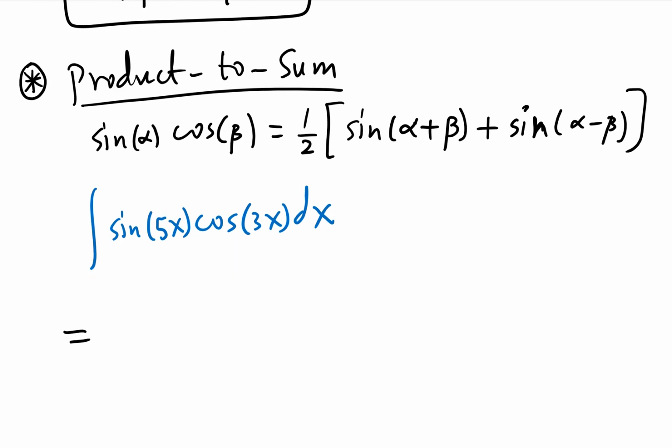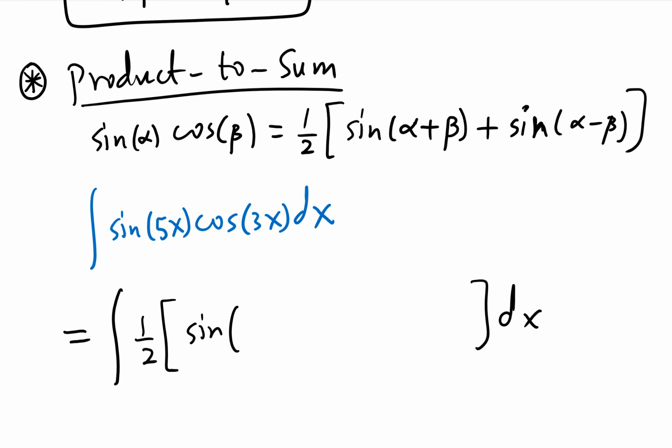So here, the way this works is the integral. The formula said 1/2, and let's do this dx, sine of the sum, sine of 5x plus 3x, plus sine of the difference, 5x minus 3x.